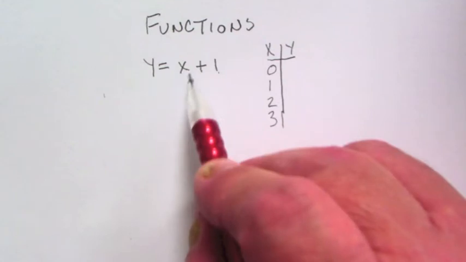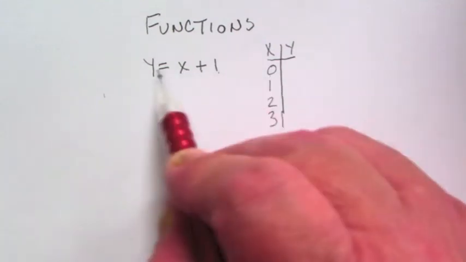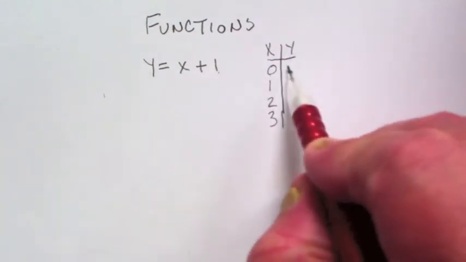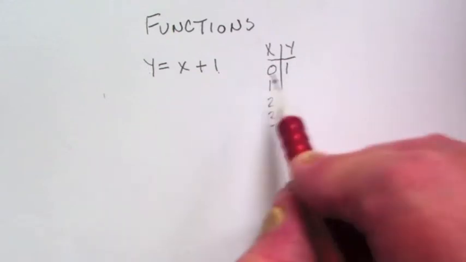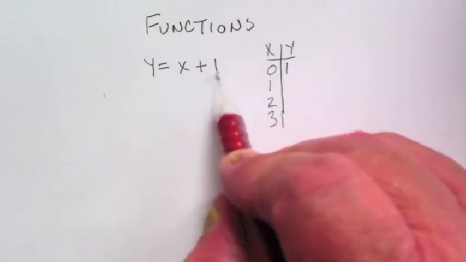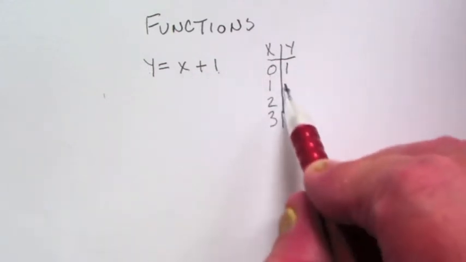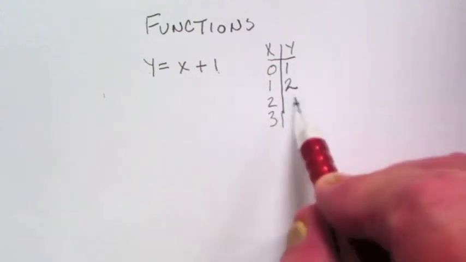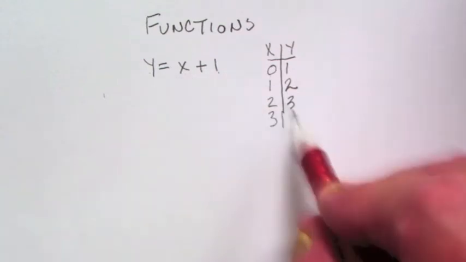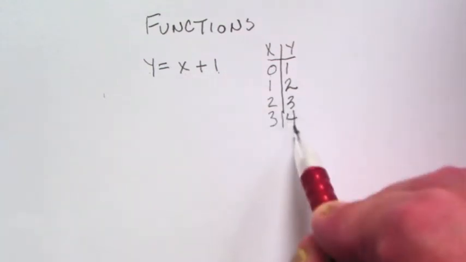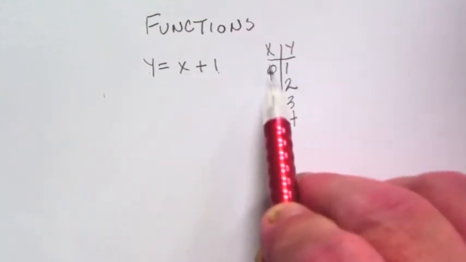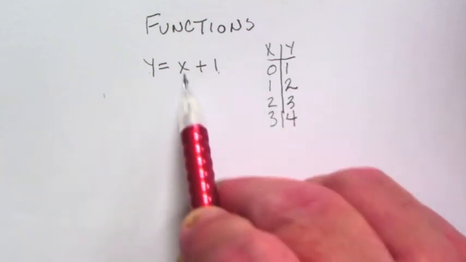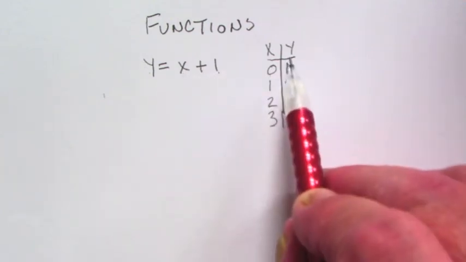So whenever x equals 0, y would equal 1. Whenever x equals 1, 1 plus 1 is 2, y would equal 2. Put a 2 in there, we get 3, and put a 3 in there, we get 4. So these are the input values, the x's, we put them in, and we get a y, which is the output.